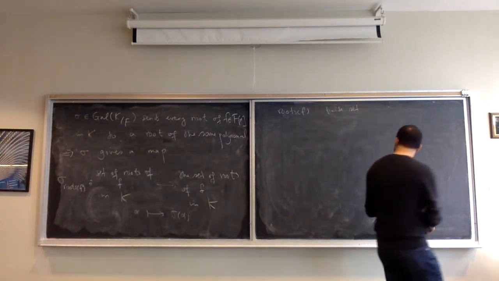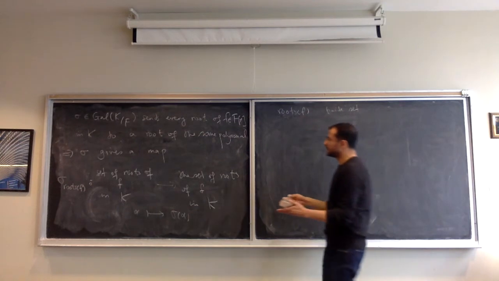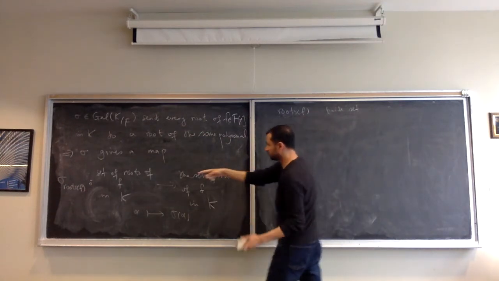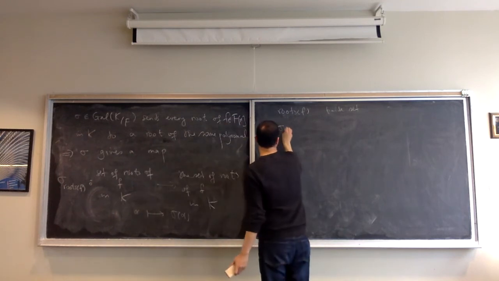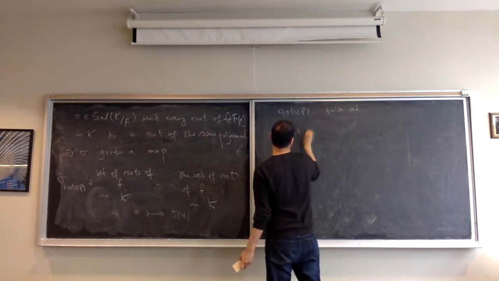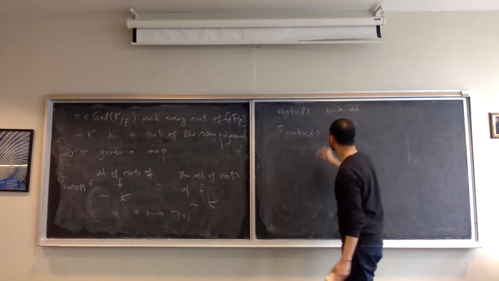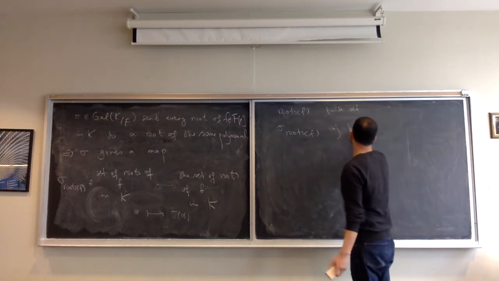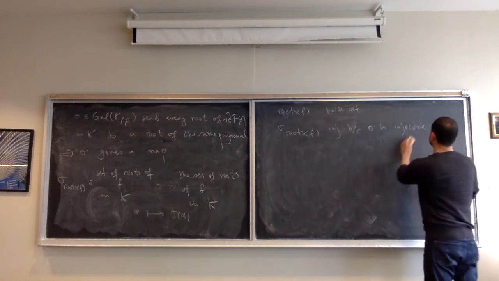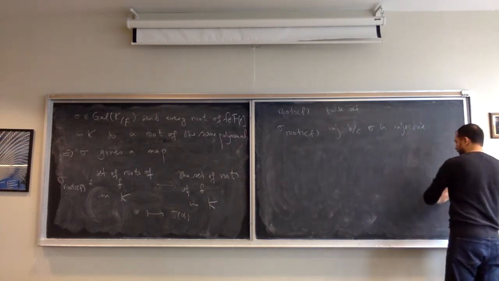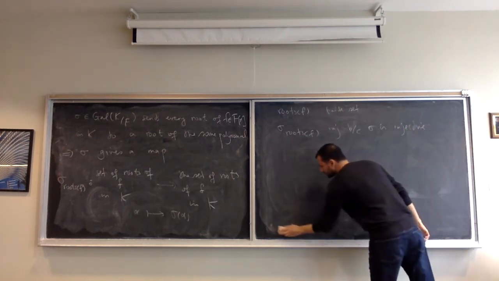And this function here, well, sigma is injective, so this restricted map is also injective. The restriction of sigma to the roots of f is injective because sigma is injective. These are automorphisms, they are isomorphisms.